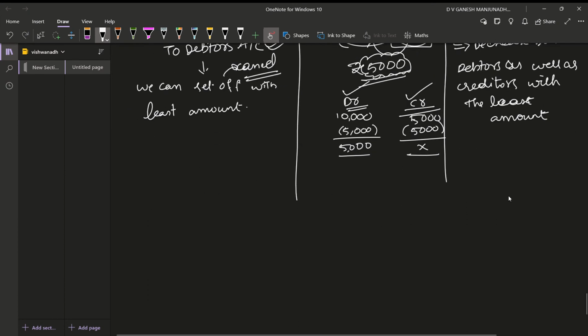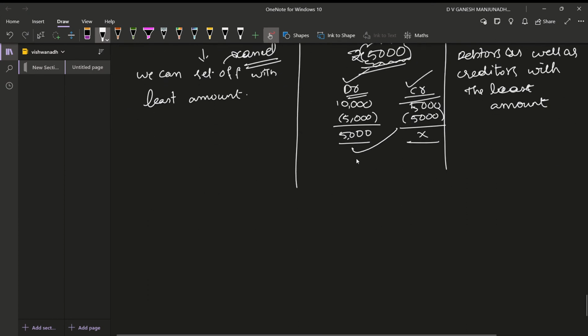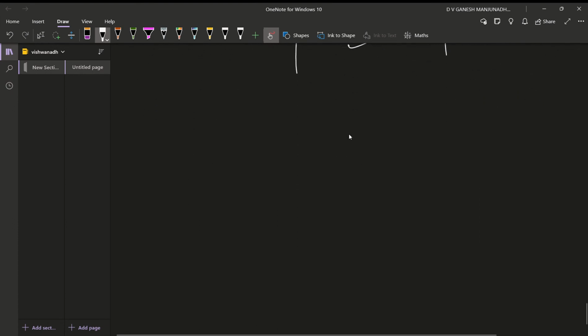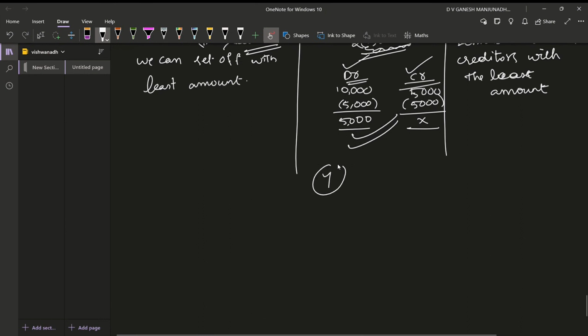Okay, that means here I have given that X is a debtor for extra money. If we take a person who is a debtor for 1 lakh rupees and a creditor for 1,50,000, then we have to set off with 1 lakh rupees.